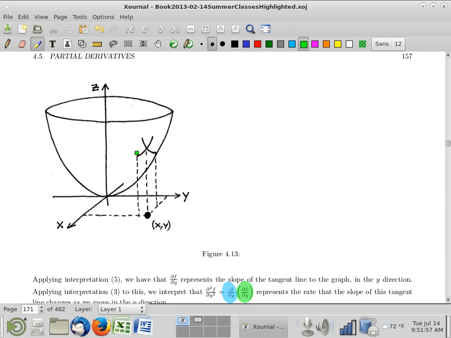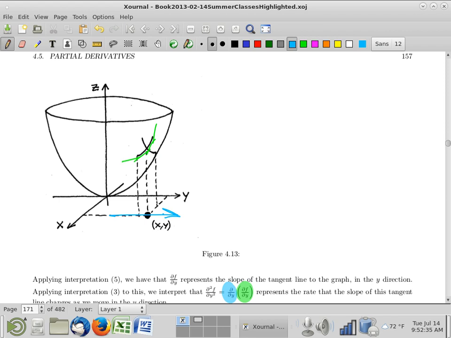So I could think about these various tangent lines there to that cross section curve. And then I could think of the second y partial as asking what is the rate of change as I move in the y direction of those slopes?